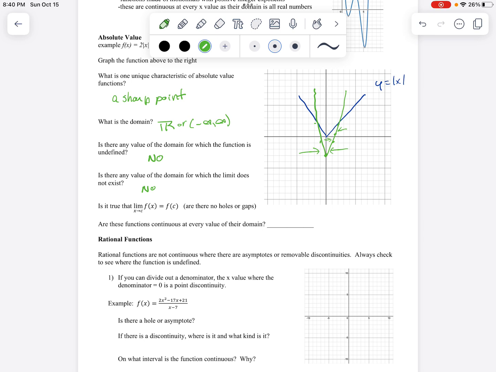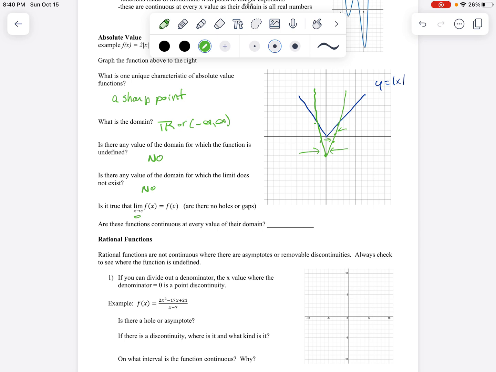And is it true that the limit exists and that the function is defined at that limit? And when your x value is approaching c, the value of your function is f of c. Well, that's true.